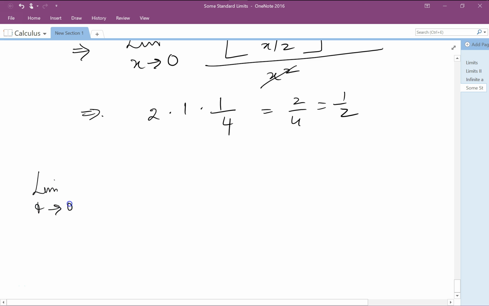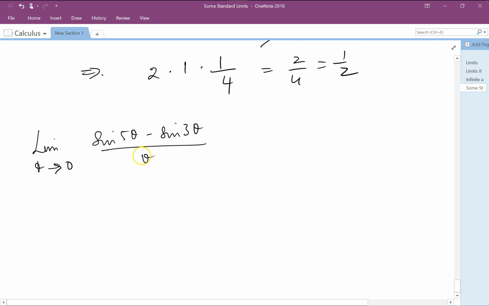as theta approaches 0 of sine 5 theta minus sine 3 theta by theta. Now here what we can do is split this fraction into 2.